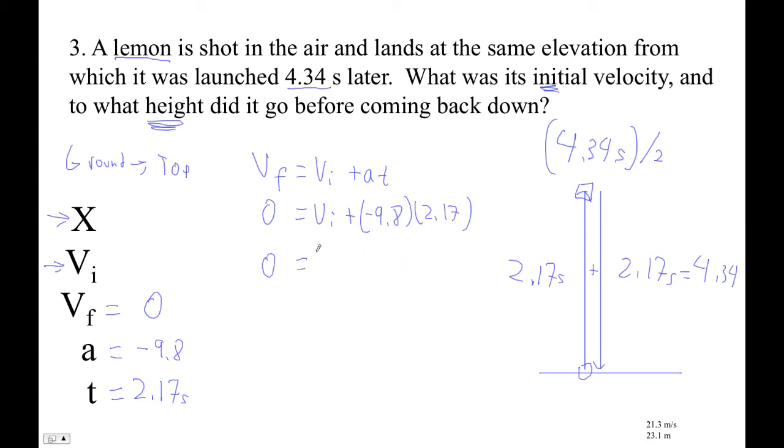So 0 equals VI plus negative 21.266. Without doing too much algebra, the thing you add to negative 21.266 to get 0 is positive 21.266 meters per second. Now we have the answer down there, 21.3. We've got that right.